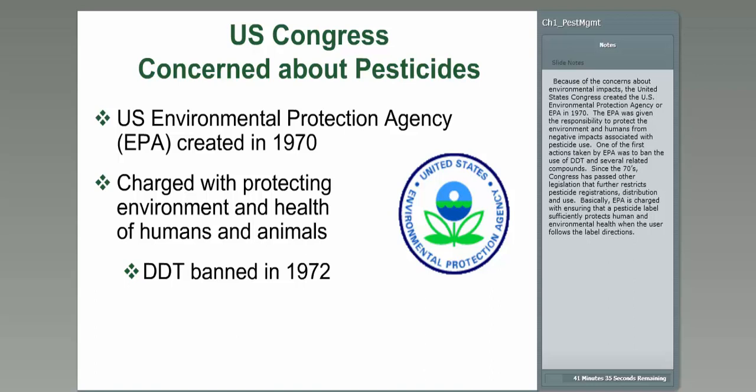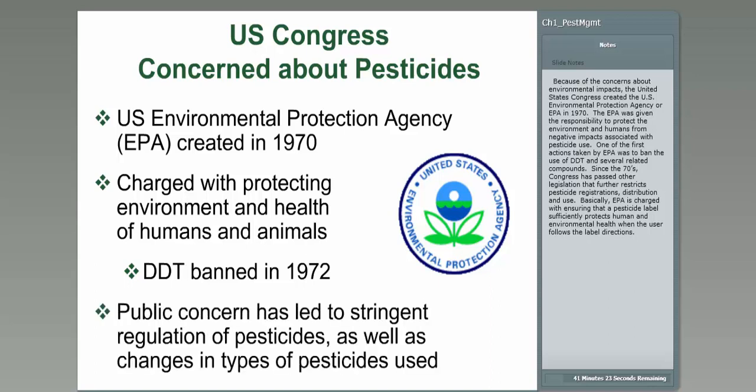One of the first actions taken by EPA was to ban the use of DDT and several related compounds. Since the 70s, Congress has passed other legislation that further restricts pesticide registrations, distribution, and use. Basically, EPA is charged with ensuring that a pesticide label sufficiently protects human and environmental health when the user follows the labeled directions.